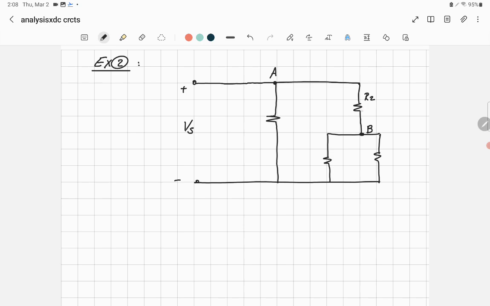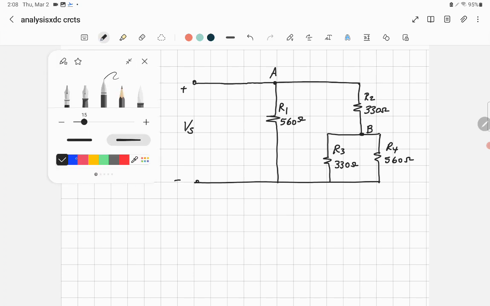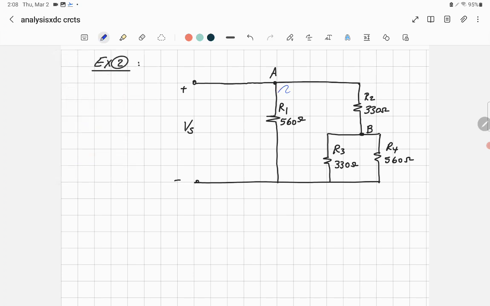R2 is equal to 330 ohm, R4 equal to 560 ohm, R3 330 ohm, R1 560 ohm, and the current in R1 is equal to I1, the current in R2 is equal to I2, the current in R4 is I4, the current in R3 is equal to I3.